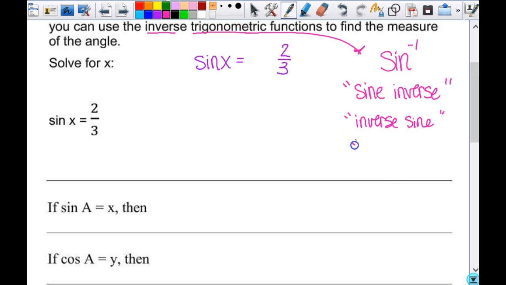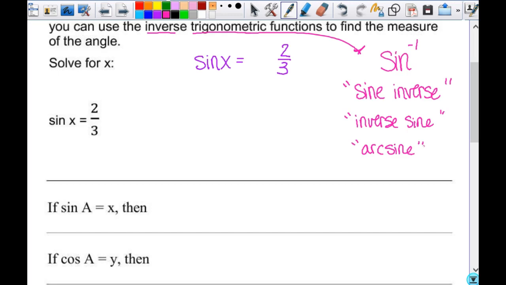And then you can also say arc sine, which is really a more upper level thing, but even at the upper level, you could say it the other ways too. So sine inverse is what we'll say. It makes the most sense, I think, for us right now. But it's the inverse sine function and arc sine. There's also cosine inverse, tangent inverse, or inverse cosine, inverse tangent, and arc cosine and arc tangent. But we'll go with just the inverse.